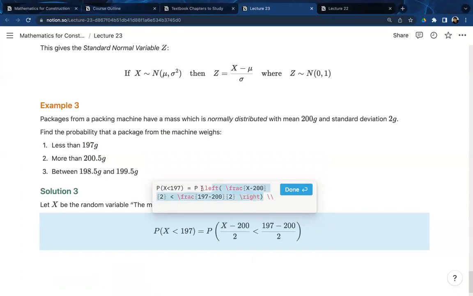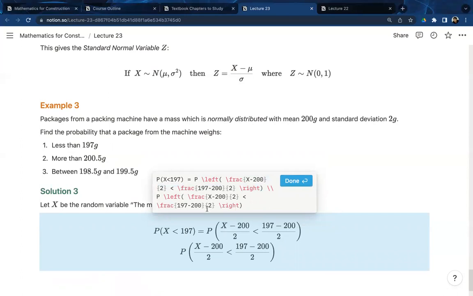So what is this probability here? Well, X minus mu over sigma is Z. This stuff here, that's Z. And what's 197 minus 200? Is it positive or negative? It's negative 3.